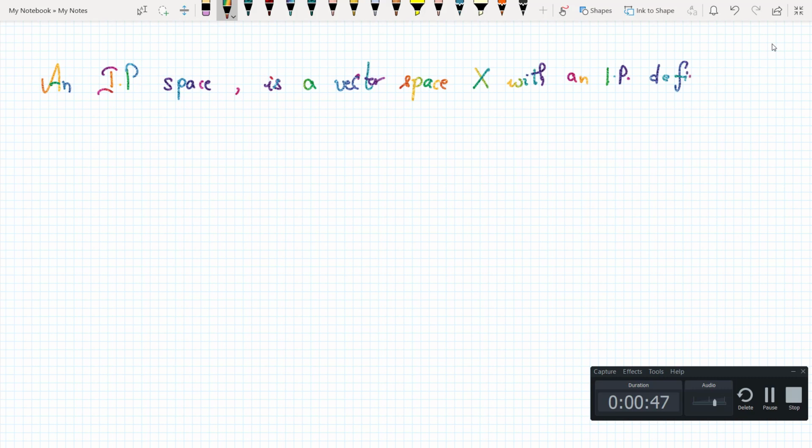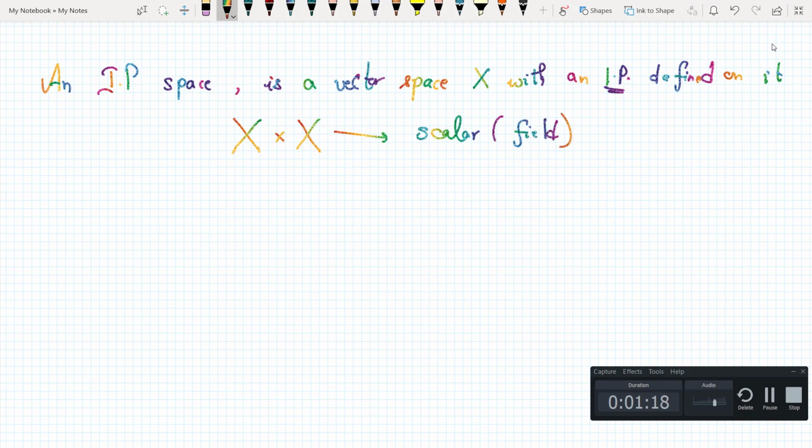And what is the mathematical definition of this inner product? Well, this inner product is nothing but a mapping from X cross X to the scalar field K, or in this context I would rather say to the scalar field.